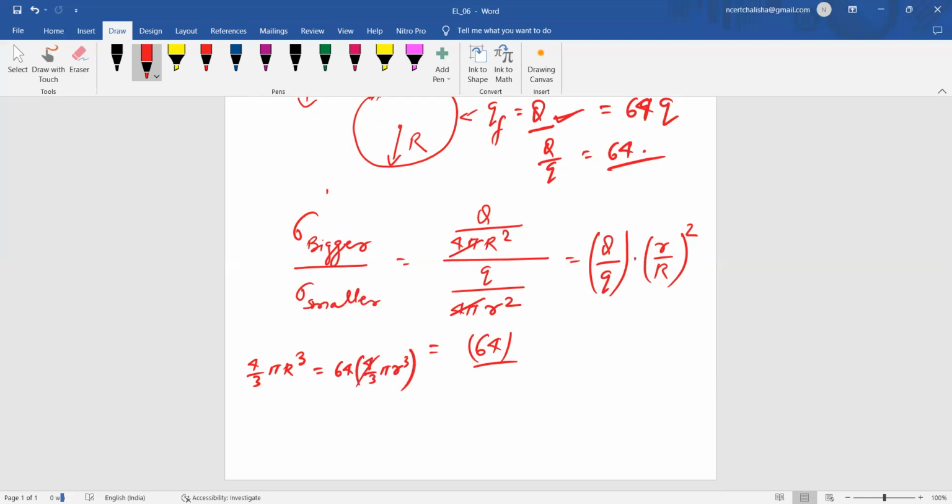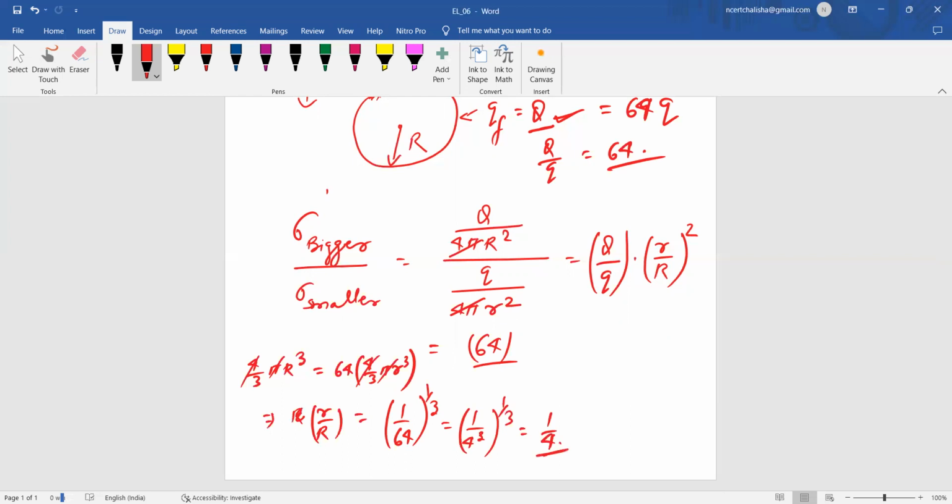Here 4 by 3 pi cancels out. So what is the value of small r by capital R? It is the cube root of 1 by 64, which is 1 by 4.